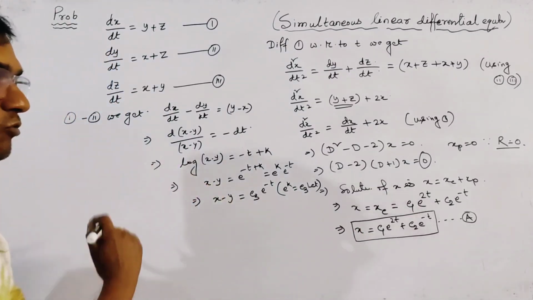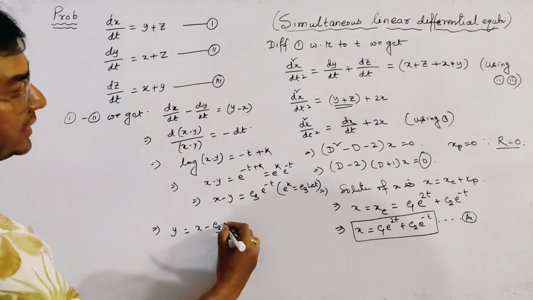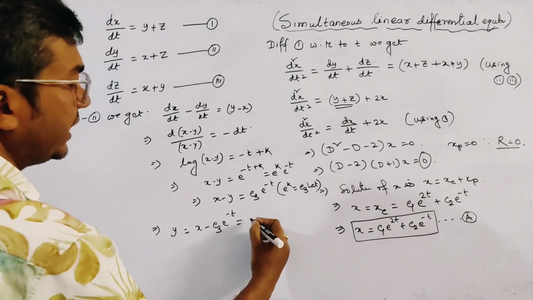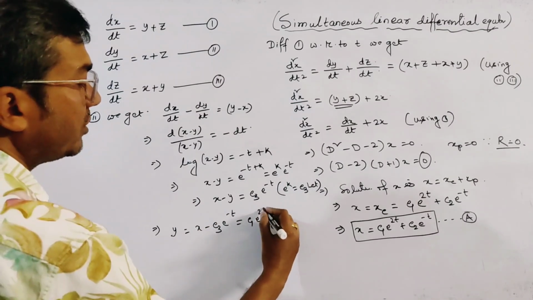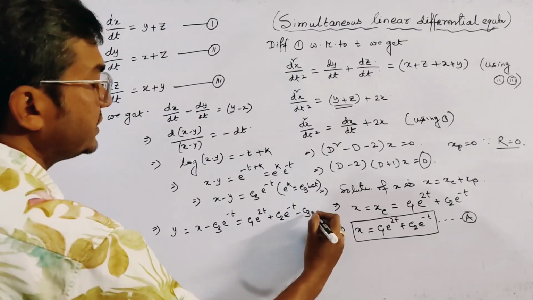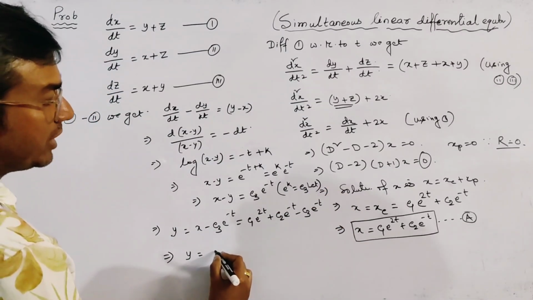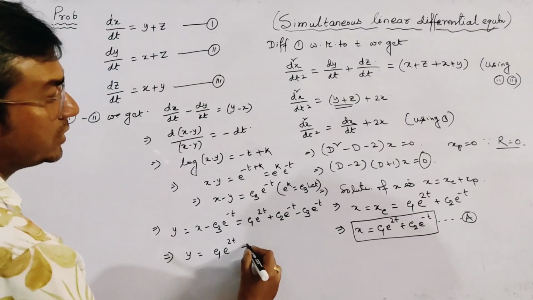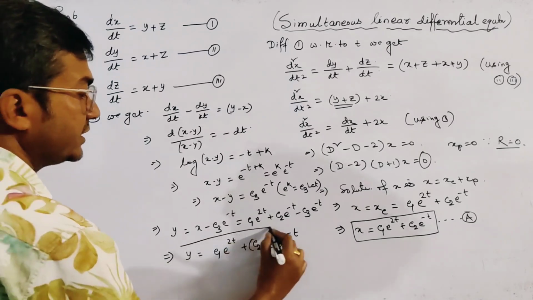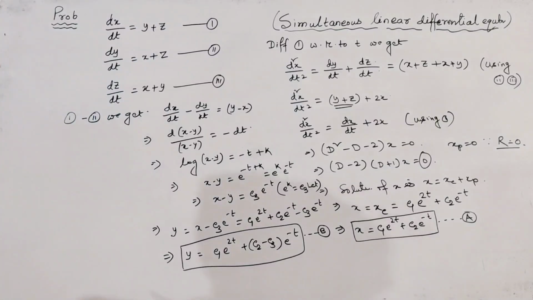We get y equal to x minus c3 e^(-t), and putting the value of x, y is c1 e^(2t) plus (c2 minus c3) e^(-t). This is the value of y, and we name this relation B.